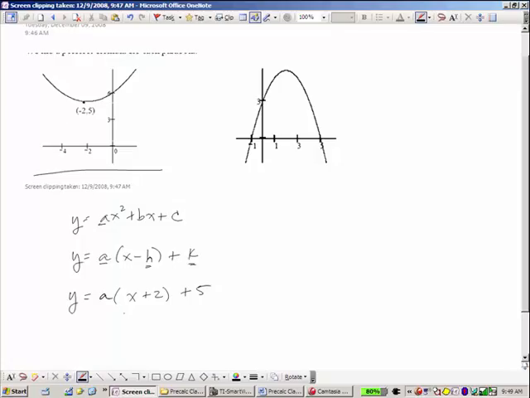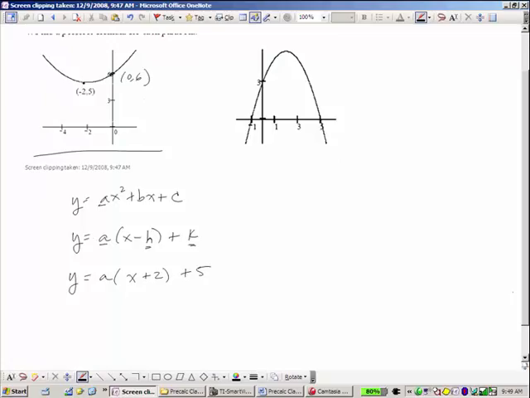Usually to find A, the most convenient thing is to pick another point. All right? So that point is 60 or 06? 06. If we know that 06 is also a point on the graph, I can plug that in for y and for x.